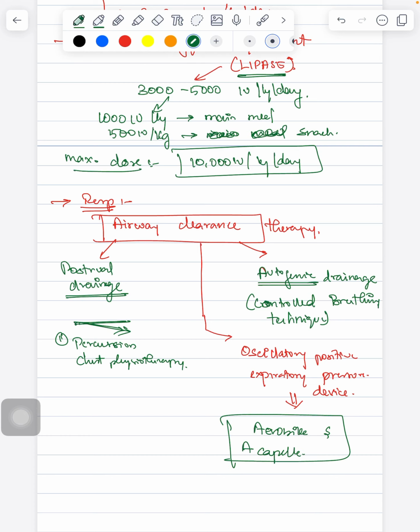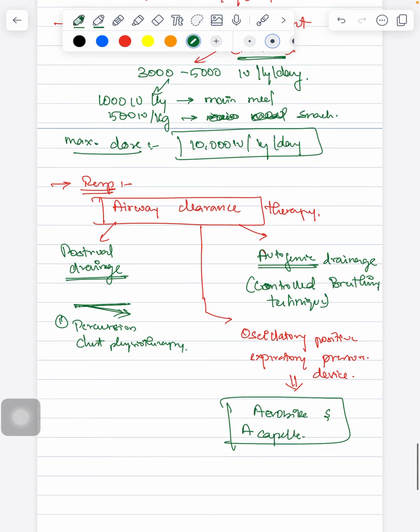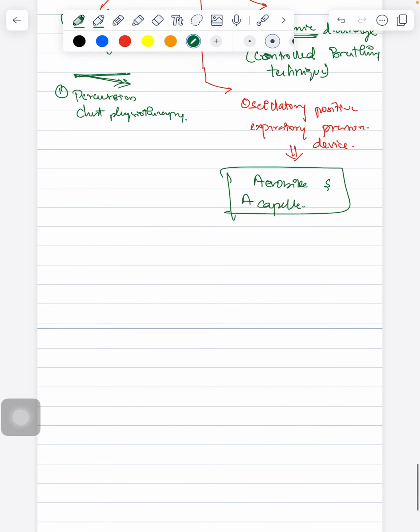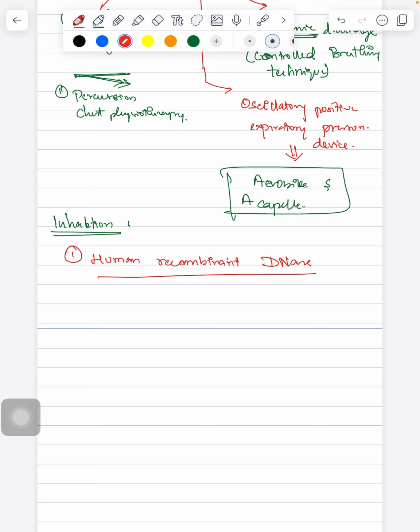Next, you can do by giving an inhalation therapy. So in inhalation therapy, first one, we have your human recombinant DNase. Actually, this human recombinant DNase will dissolve the DNA that is present in the neutrophils. So once the DNA that is present in the neutrophils is dissolved, your neutrophils will die.